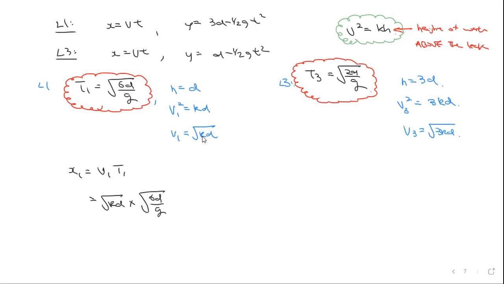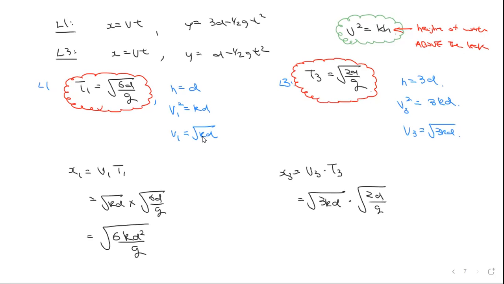That's the square root of 6k d squared over g. x3, how far the third one goes across, would be v3 times t3, which is the square root of 3kd times the square root of 2d over g, which is the square root of 6k d squared over g, which we'll notice is equal to x1.